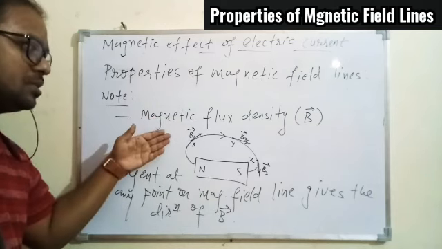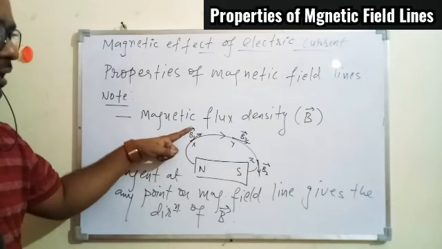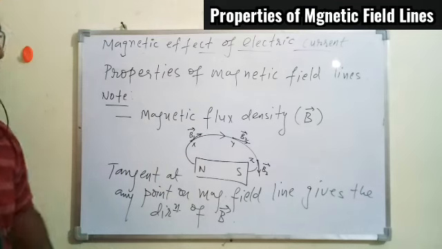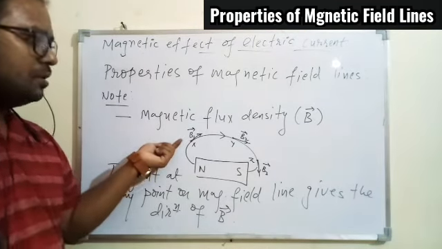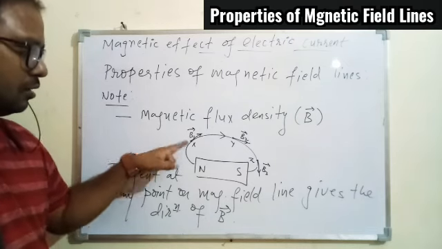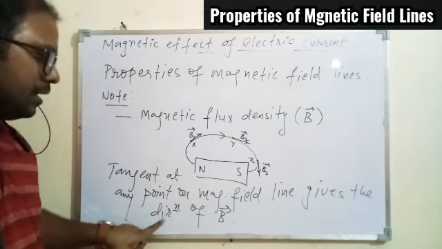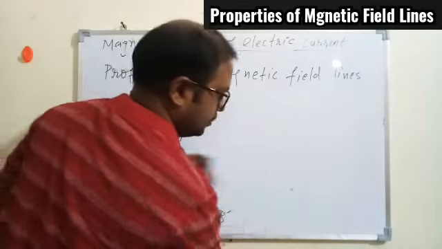So the needle of the compass or the magnetic field line gives you the direction of the magnetic force or magnetic flux density. So if you have to find the direction of the magnetic force at a given point, we just need to draw the tangent over the magnetic field line. So this you have to remember.